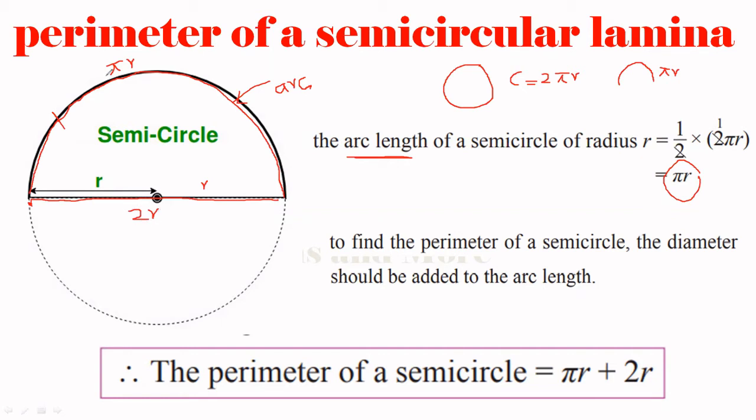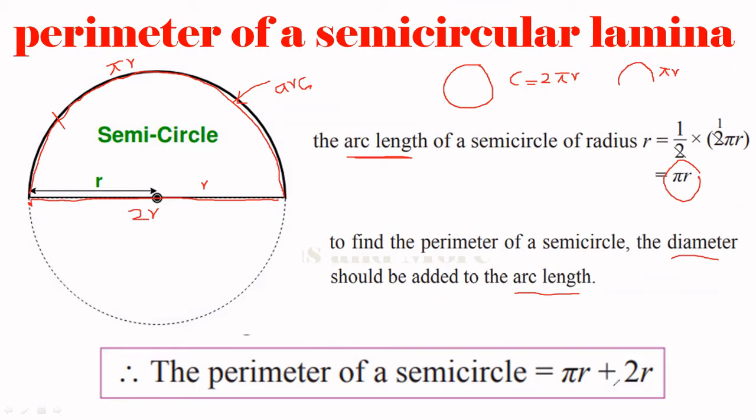So pi r plus 2r. Therefore, to find the perimeter of a semicircle, diameter should be added to the arc length. Arc length pi r, diameter 2r. Then the perimeter of a semicircle is pi r plus 2r. No need to remember those things.